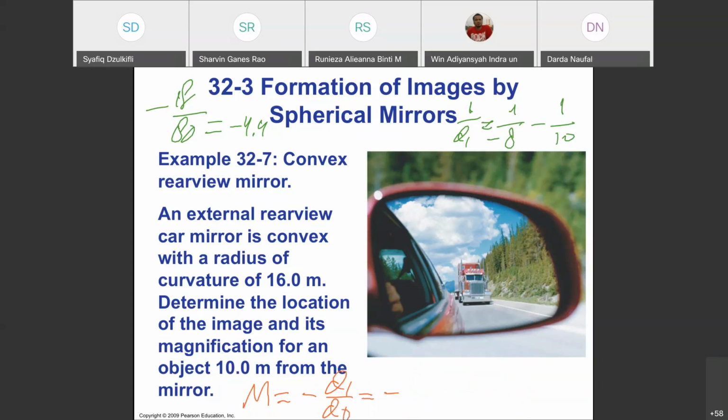So minus di, just now we have minus 4.4. Do is 10. So plus 0.44. Right. So magnification is 0.44. 0.44 means the image is smaller than the object, just like our rear view mirror in our car, right?